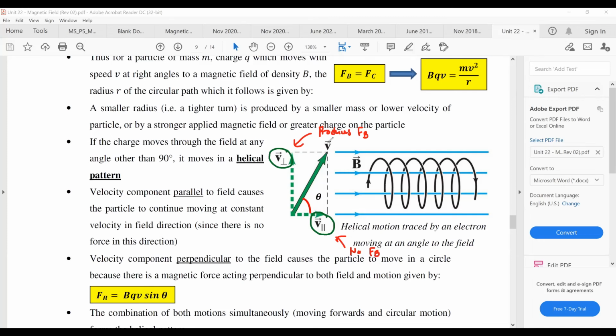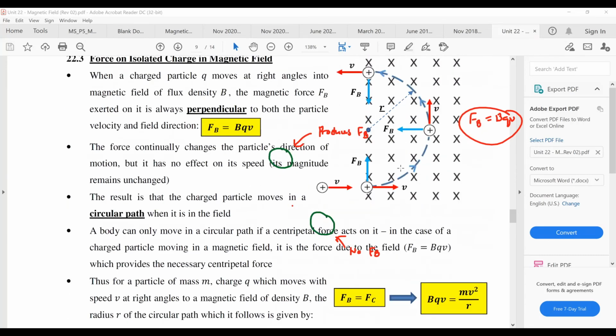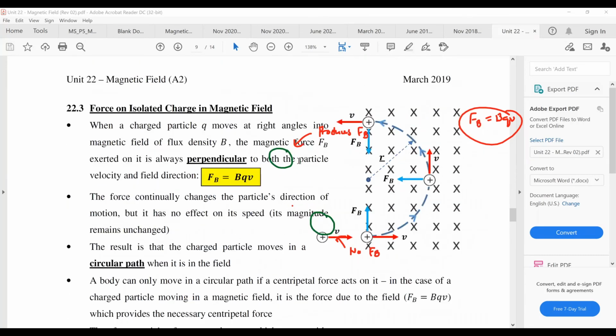So the component of velocity of the charged particle perpendicular to the field causes you to have a magnetic force. But when you want to calculate the magnetic force, you do not straight away use F_B equals BQv, like the ones before. This one is only when your charged particle is already perpendicular to the field.